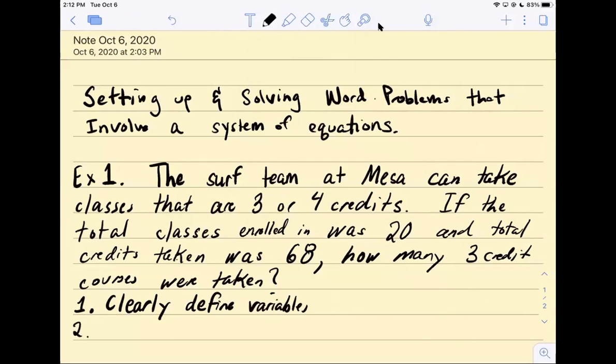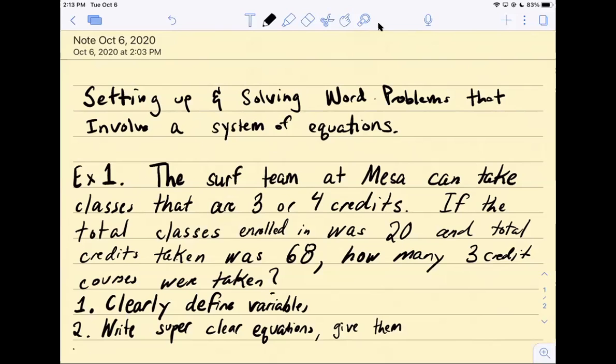And then step 2 is write super clear equations, clear enough that you can give them a title. The equations that you write down should be so clear that once you read your definition of the variables and the problem, you'll be like, oh yeah, that equation makes sense.